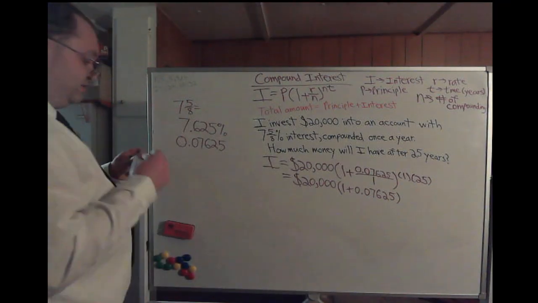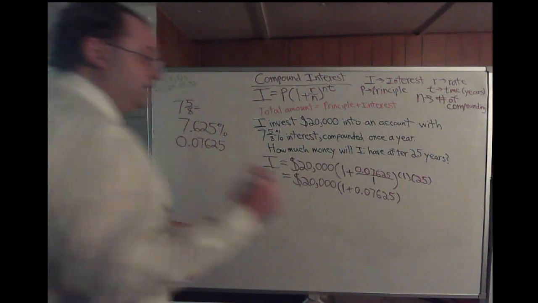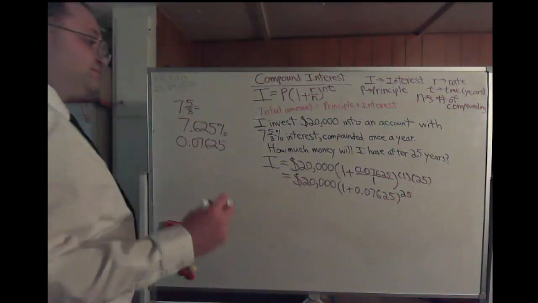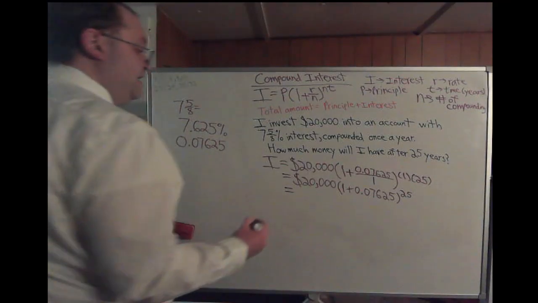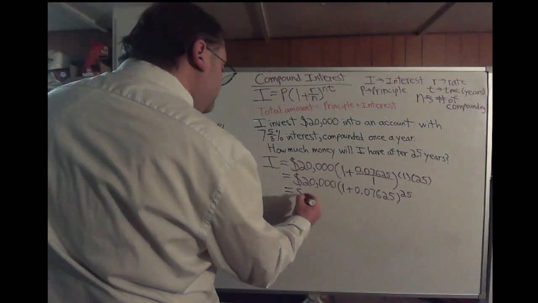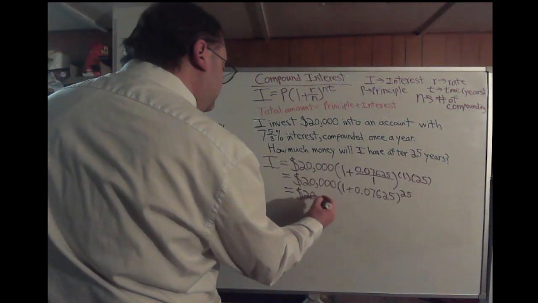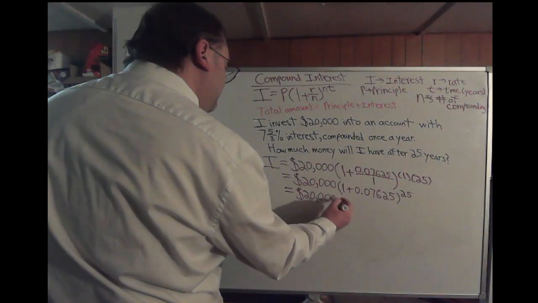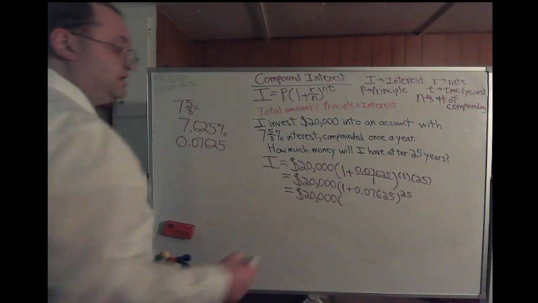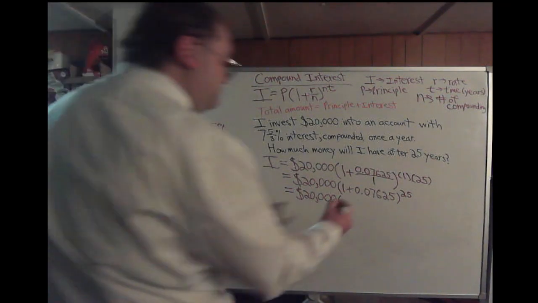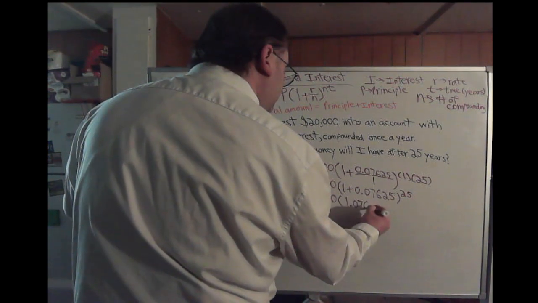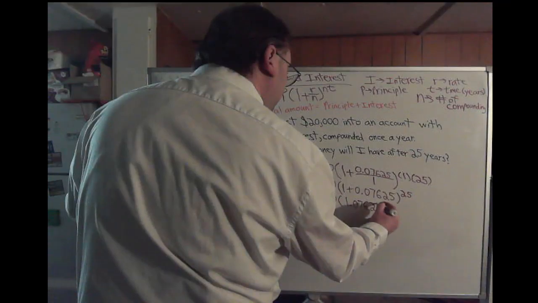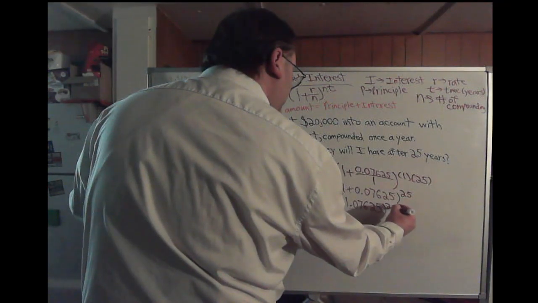Now let's deal with the exponents. 1 times 25 is just going to be the 25th power. So you'll have this expression to the 25th power. So now we have $20,000 times, what is 1 plus 0.07625? That's going to be 1.07625 to the 25th power.